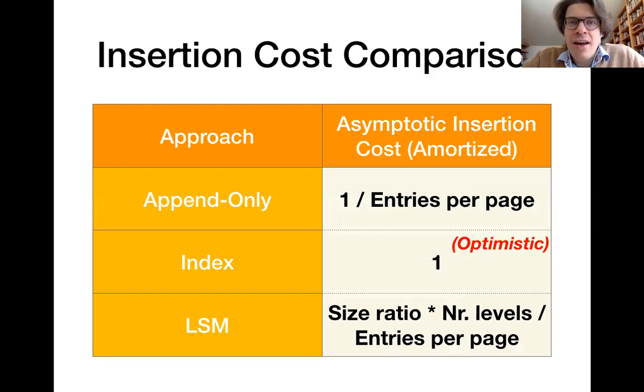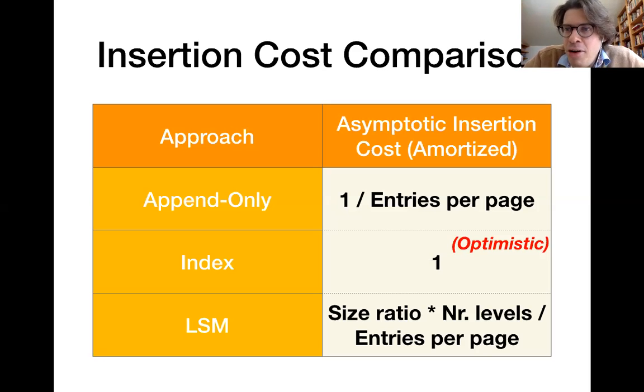Now, if I'm comparing the complexity, the cost for insertions between those different methods that we have seen, for instance, if we consider append-only insertions, like the first method that we considered, and I measure the insertion cost by the number of page accesses, by the number of pages that I have written, then the insertion cost per tuple is essentially 1 divided by the number of entries per page, because I just insert tuples into a buffer in main memory, and I write that memory buffer to hard disk whenever it becomes completely full.